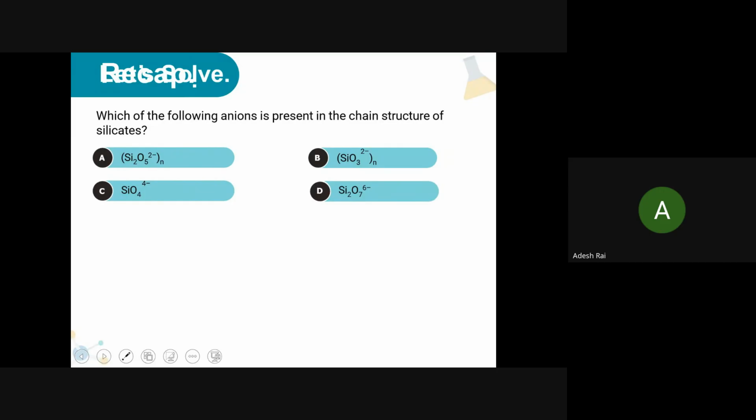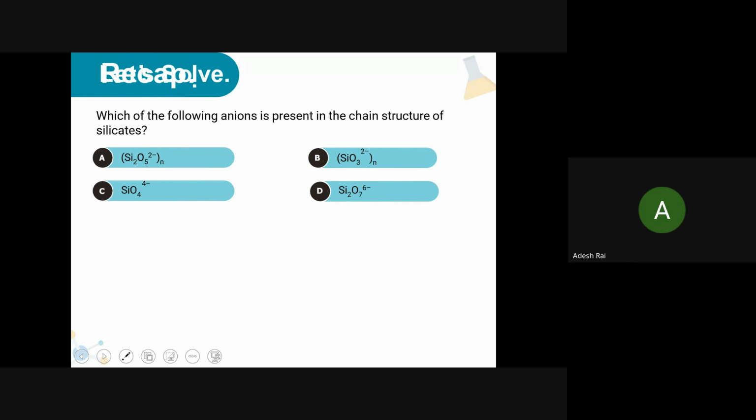Which of the following anions is present in the chain structure of silicate? This is very important. Questions on silicates will ask how many corners are shared, and what the basic unit or formula of that silicate is. So you have to remember all of this.